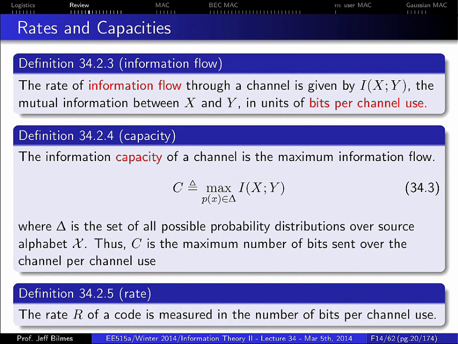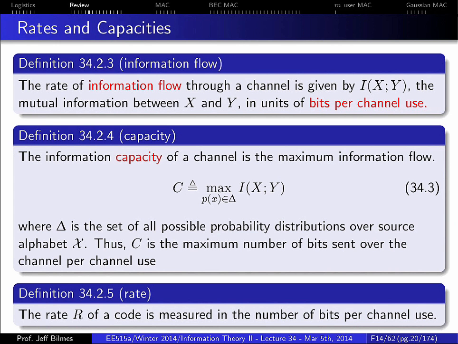Okay, so this is a slide that comes from lecture 13, I believe, from last quarter. I just wanted to remind everybody, because in talking about network information theory, we're again talking about channel capacity. We're generalizing the notion of channel capacity. And remember, the channel capacity was defined as the supremum of all achievable rates.